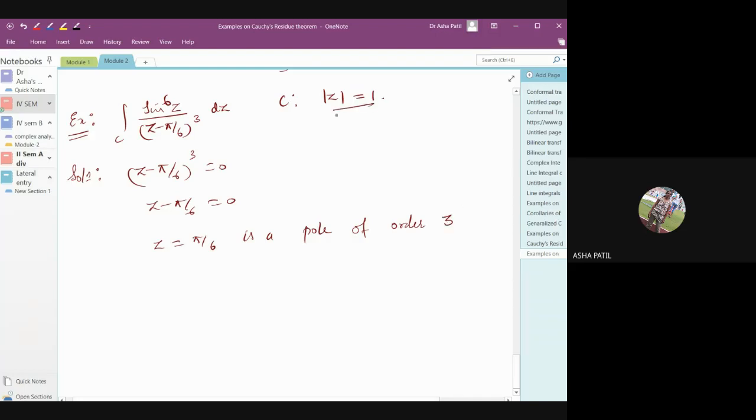Then mod z equal to 1 is the circle. Will it lie outside or inside? Inside. How will you say that it lies inside?